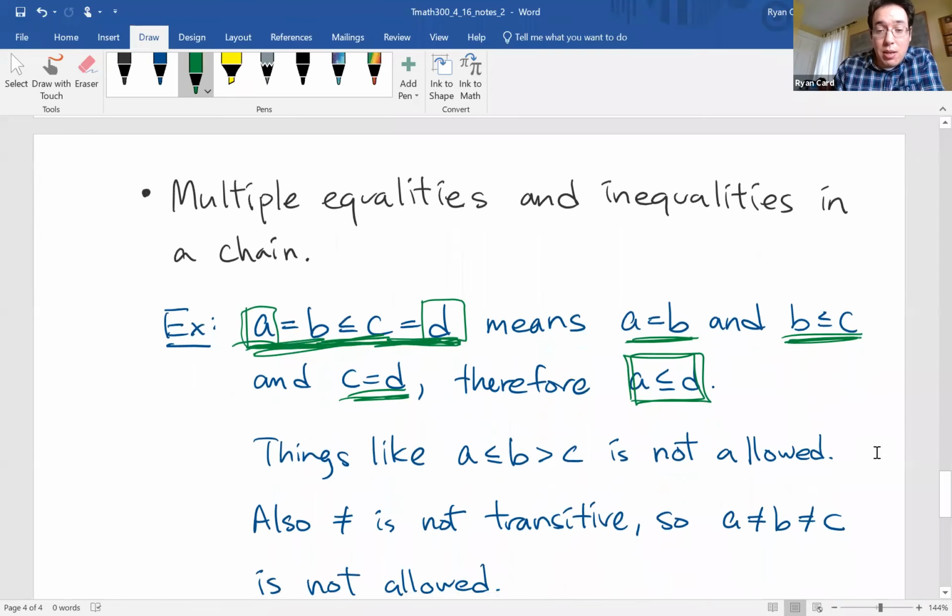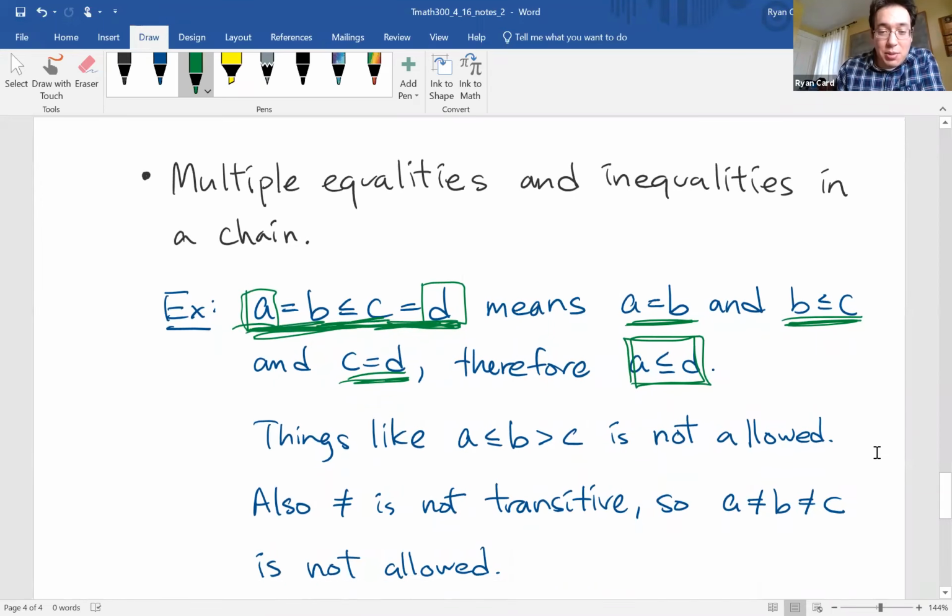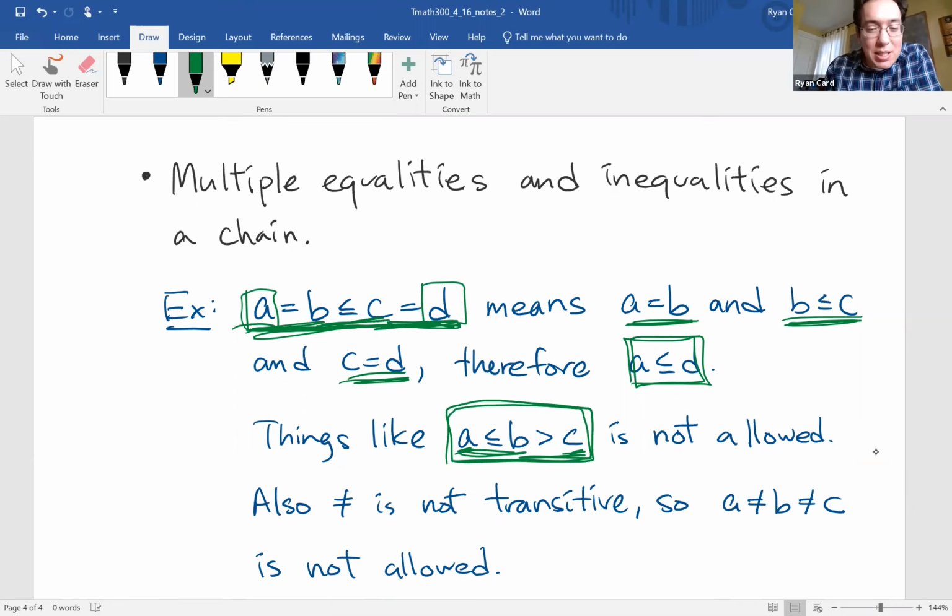There are a couple of things that you're not allowed to do. You should not mix in different directions of inequalities. So you can't write down things like A less than or equal to B, which is greater than C. Because when you write it this way, these two statements might be true, but you can't really compare A and C. I know that B is bigger than both A and C, but it doesn't say anything about how A and C compare.